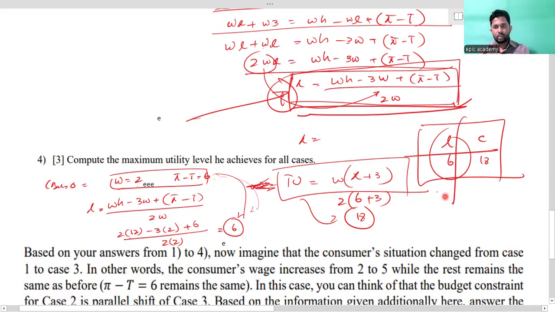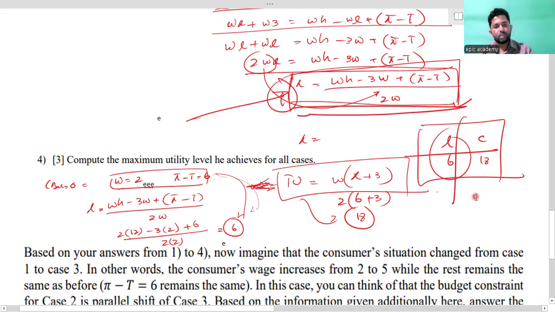L is 6 and C is 18. Similarly, you can calculate case number 2. Just utilize this equation to understand the L value. After finding that L value, you can put it in here to understand the total utility value. So you can calculate C and L related to the 3 types of cases when leisure time and consumption are calculated using those equations, right?